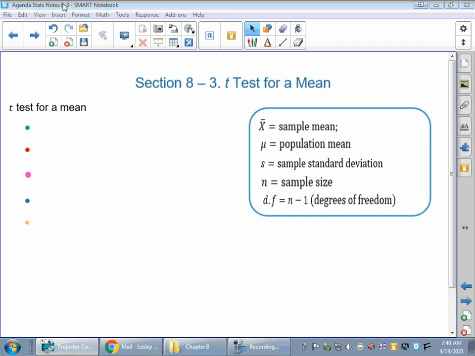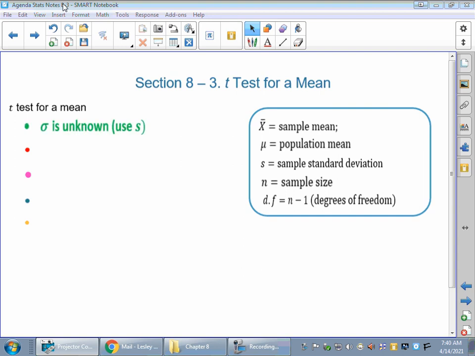Keep that in mind. Also, because it's called t-test for a mean, hypothesis test, we're going to be using our t's for our critical values. We are also going to be calculating a t-value. So, t-test for a mean.